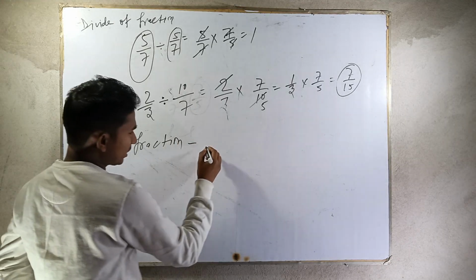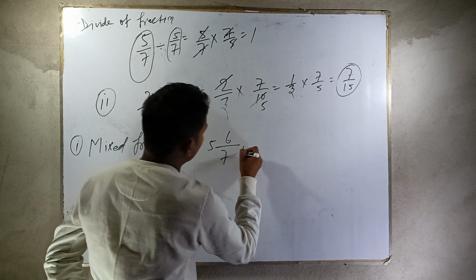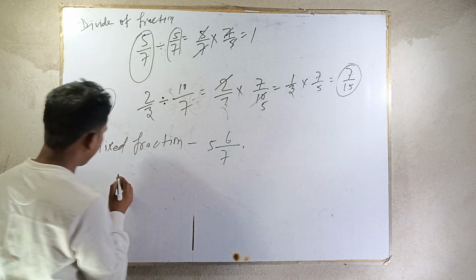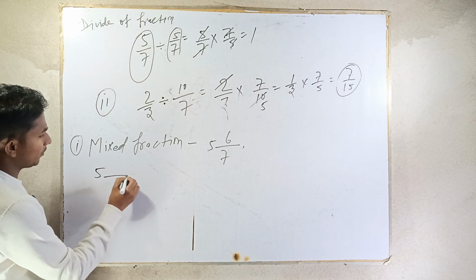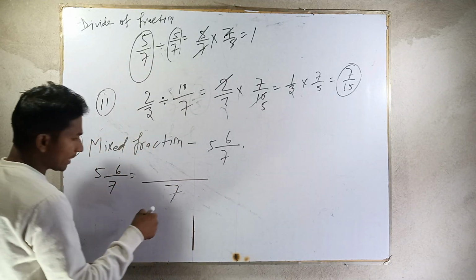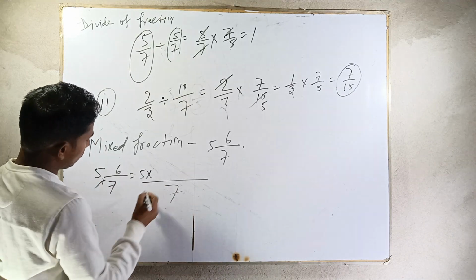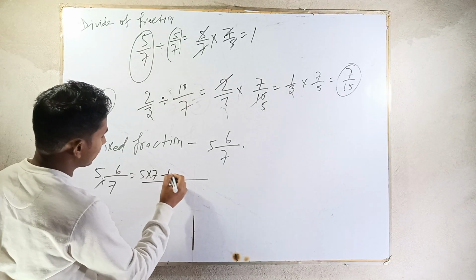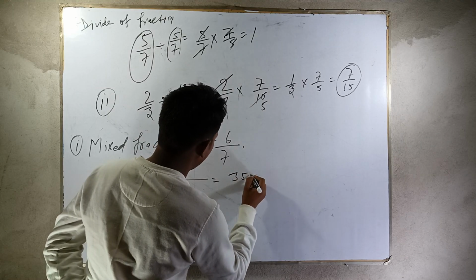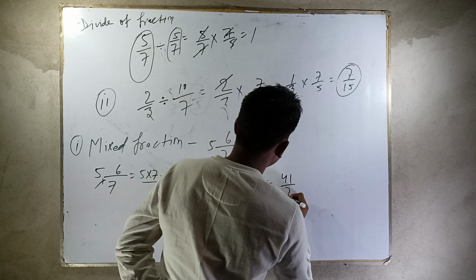If there is a mixed fraction 5 and 6 by 7, how will it convert into an improper fraction? Its rule is, if 5 and 6 by 7 is given, I write 7 as the denominator, and 5 is multiplied with 7 and 6 is added. So now 35 plus 6 by 7, that means this one is 41 by 7.